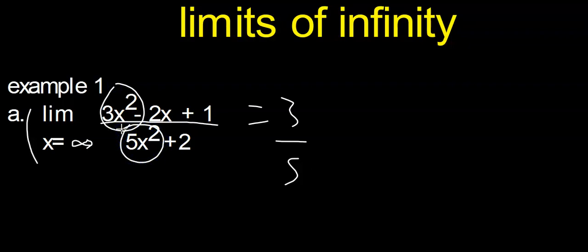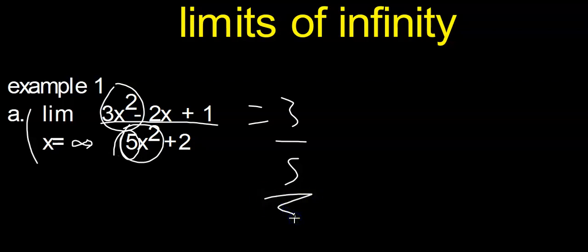After that, to figure out the answer, all you have to do is take the constant number that has the highest exponent. So it's all about figuring out which one is the highest exponent, and this one will be my last answer. Done.